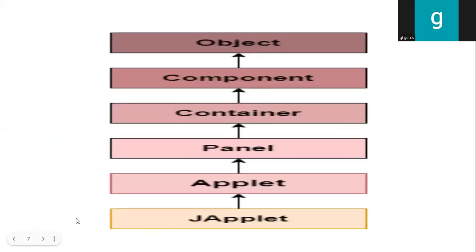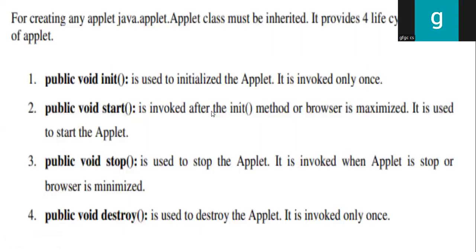First we take the object, then we add the component, then we give the containers to that component, then we make a frame or a panel, then we execute the applet, and then JApplet because we are using Swing as well.